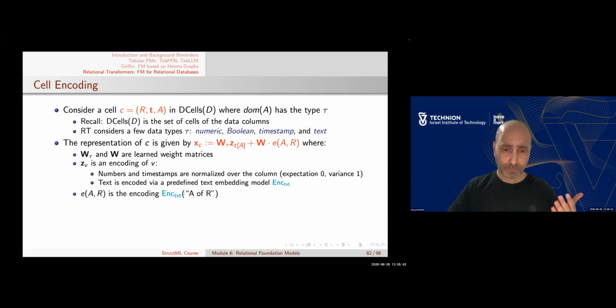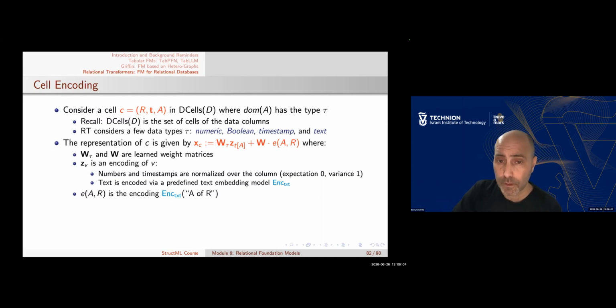It is simply a text encoding of, for example, price of items, or address of a user. We use some language model that encodes this text.